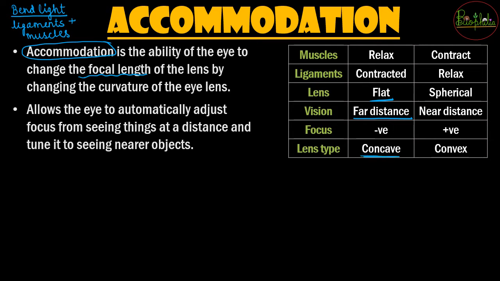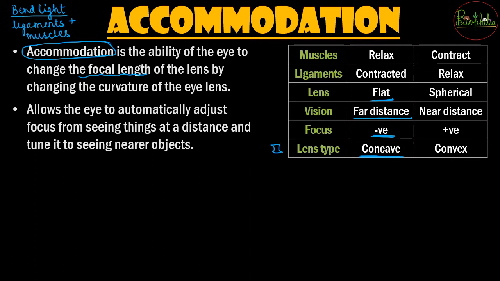It will become a concave lens. And once it becomes a concave lens, there is going to be negative focus, and because of the negative focus, you can see the distances that are farther away from you. Whereas similarly, the opposite thing will happen.